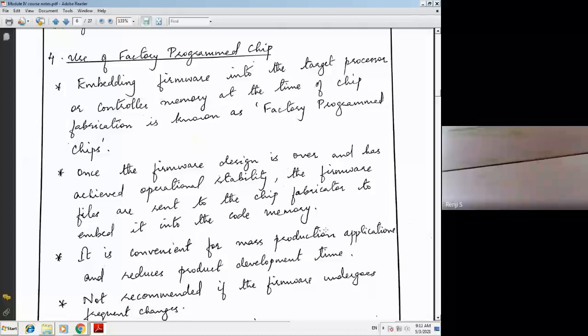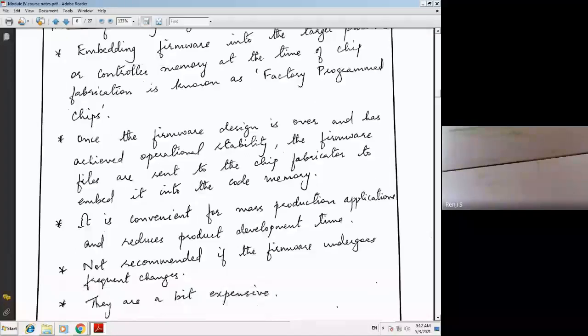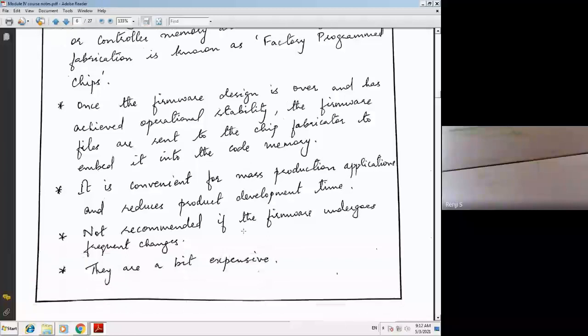Once the firmware is embedded into the chip during chip fabrication, we call this method factory programmed chips. So embedding firmware into the target processor or the controller memory at the time of chip fabrication is known as factory programmed chips. Once the firmware design is over and it has achieved operational stability, the firmware files will be sent to the chip fabricator, who will embed it into the code memory.